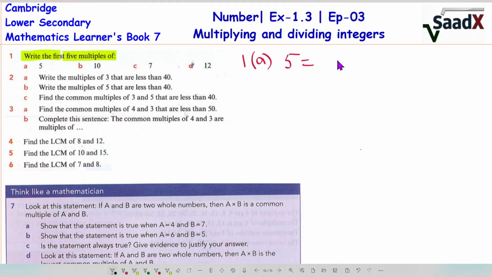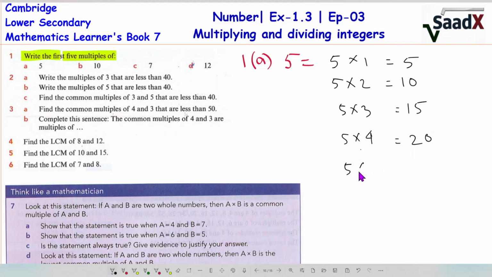We can write 5 times 1 is 5, 5 times 2 is 10, 5 times 3 is 15, 5 times 4 is 20, and 5 times 5 is 25. This is the first 5 multiples of 5.